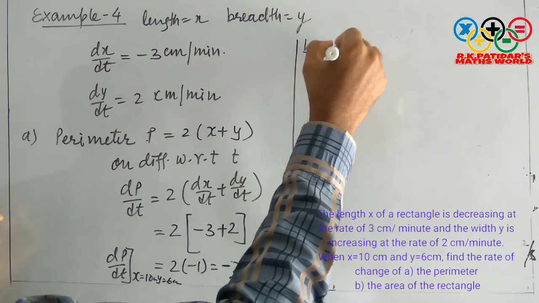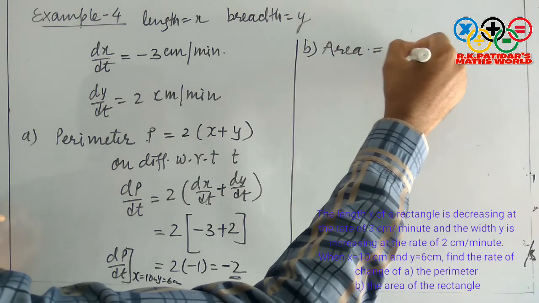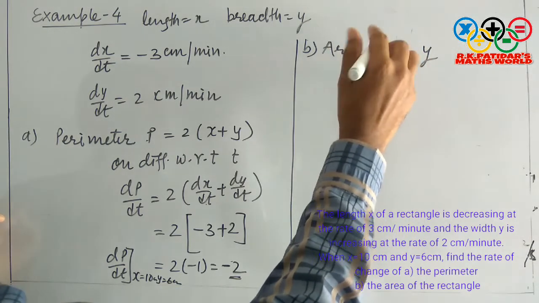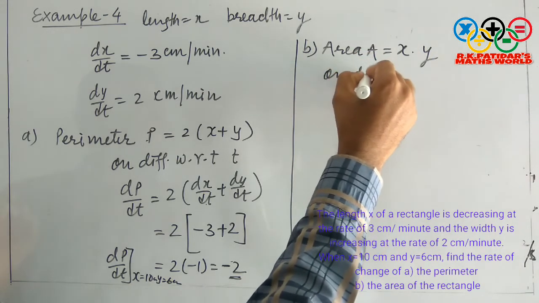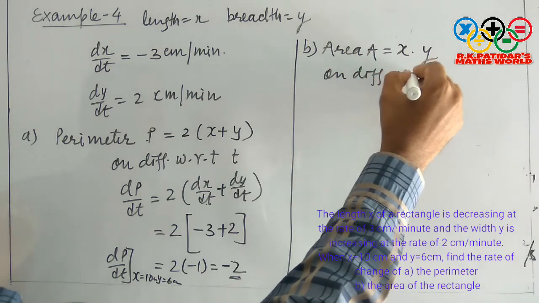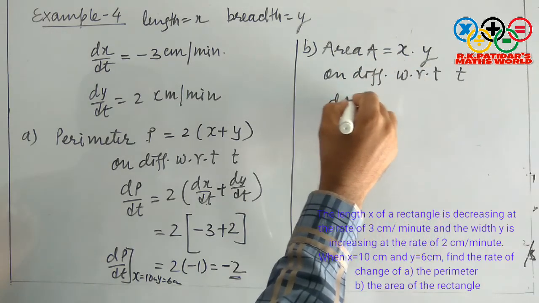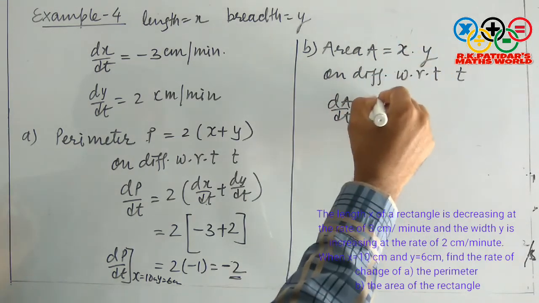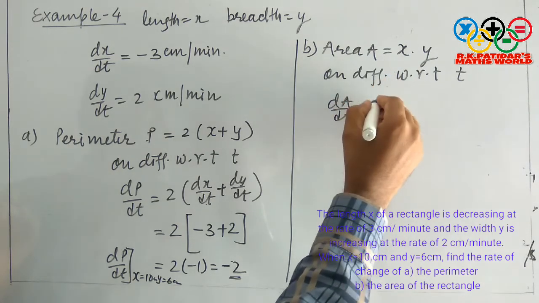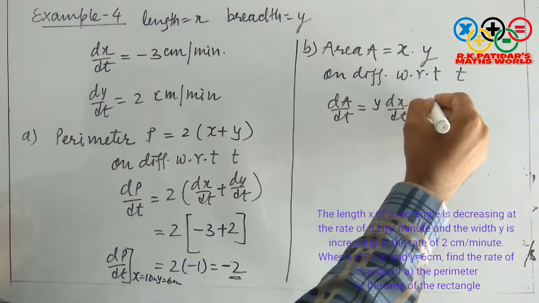Now second is area. Area is length into width, x into y, and we represent area by A. And now on differentiating with respect to t, we have dA upon dt is equal to, differentiating this, we leave y and differentiate x, so dx upon dt.